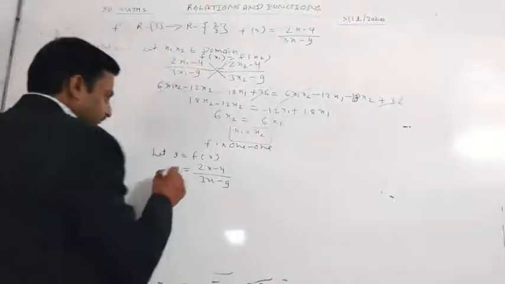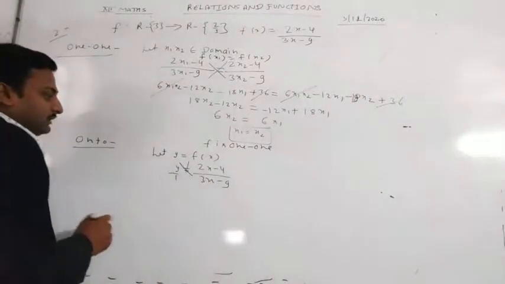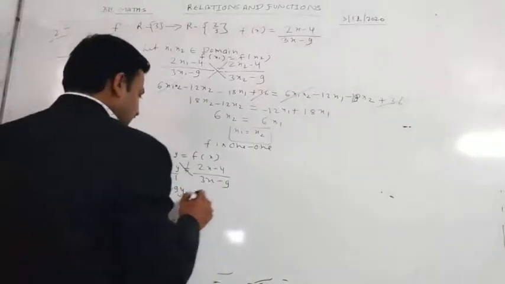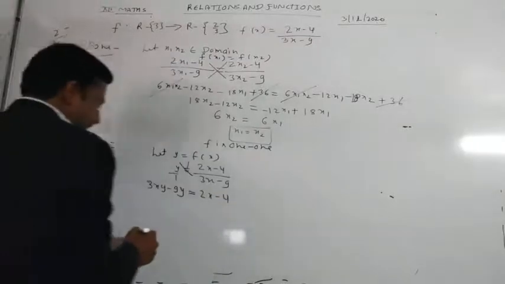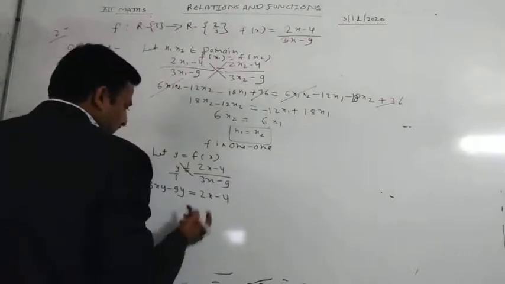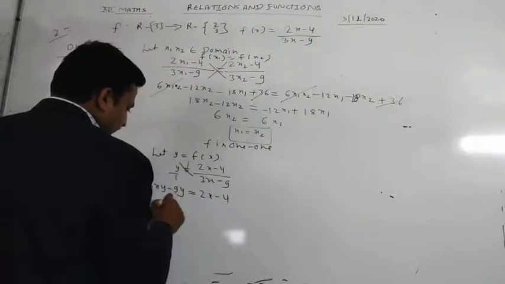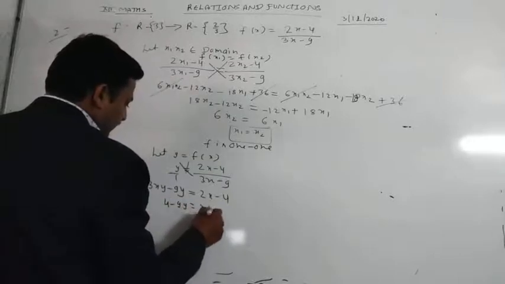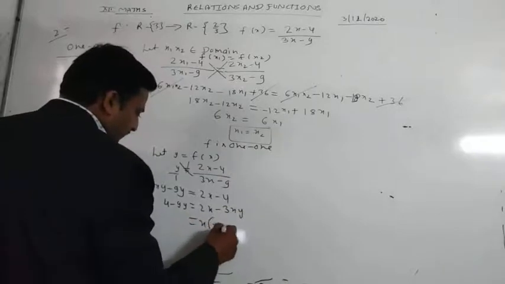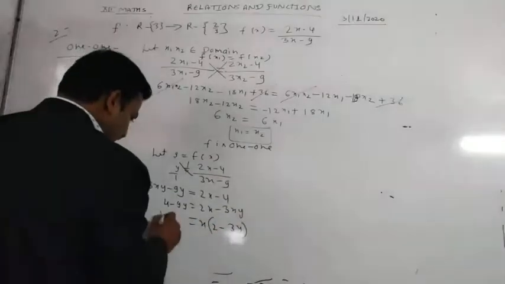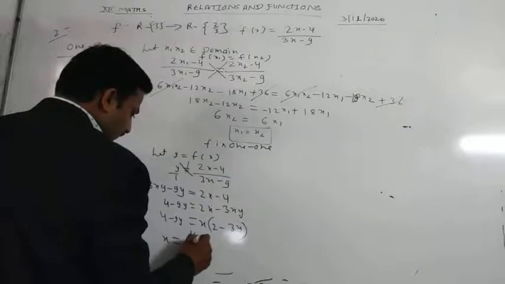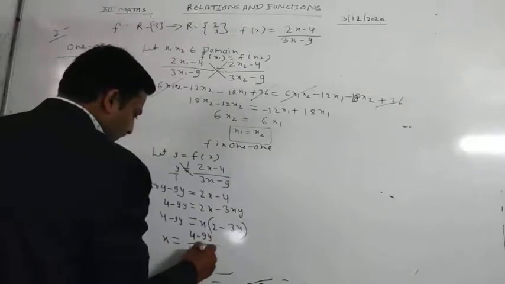Now we will do cross multiplication and write 3xy minus 9y is equal to 2x minus 4. Now we have to find the value of x. So 4 minus 9y is equal to 2x minus 3xy. Taking x outside we get x(2 minus 3y). So our x is (4 minus 9y) by (2 minus 3y).